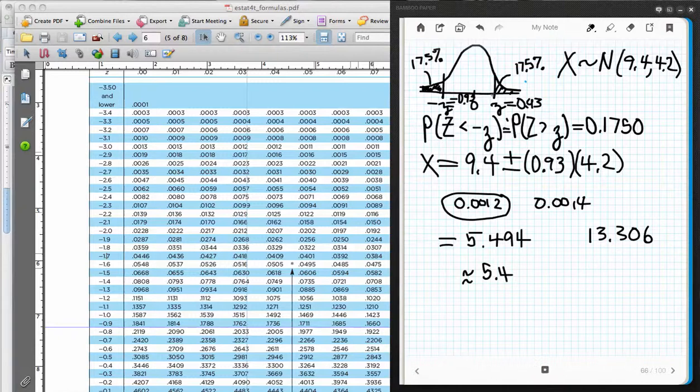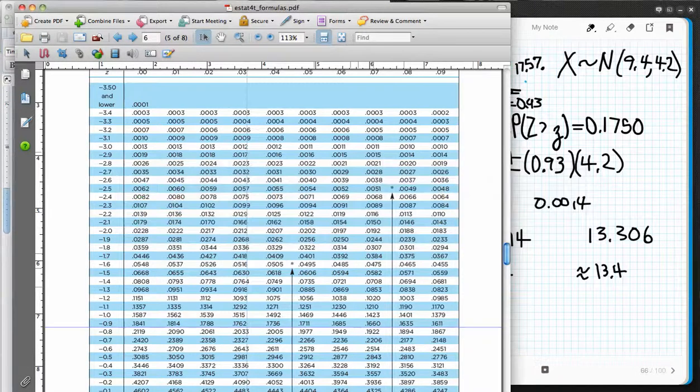If I go down, I'll be including too much area, so I would want to actually go up a little bit on this one. So this one would be approximately 13.4 years. So about 13.4 on one side and 5.4 on the other. And those would be the cutoff points that would put the highest 17% and the lowest 17%.